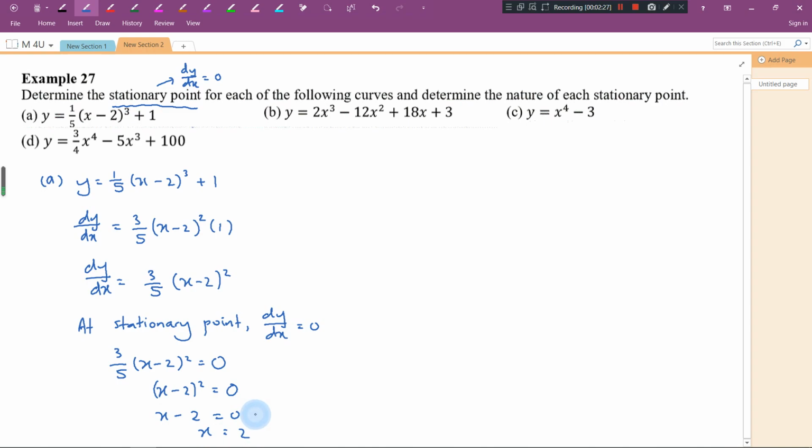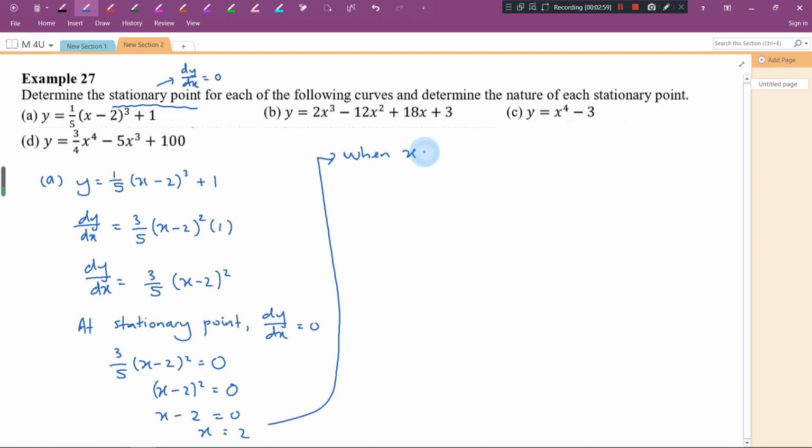Now we have the x coordinate for the stationary point, but we need the complete coordinate. It means we need the x coordinate and also the y coordinate. How do we find the y coordinate? When x is equal to 2, we substitute this value into the original function to get the value of y.